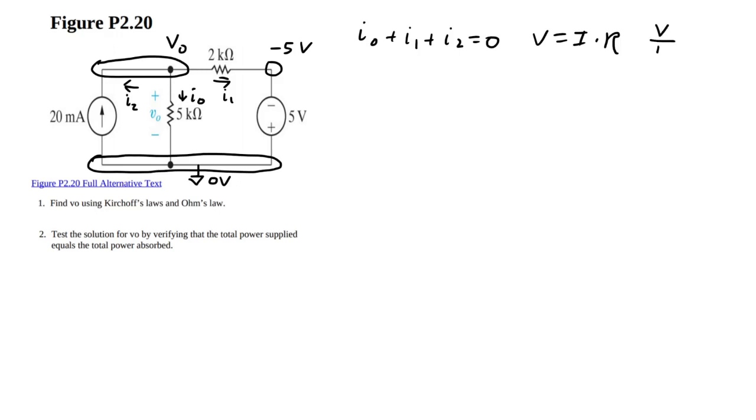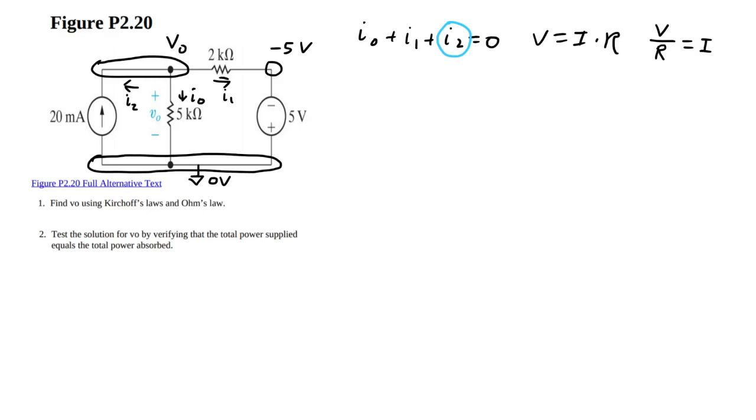So to do that, voltage drop divided by resistance equals I. And I2 is known. And since it's flowing opposite of the little arrow, we're going to call that negative 20 milliamps. So let me write the rest of the ones first.